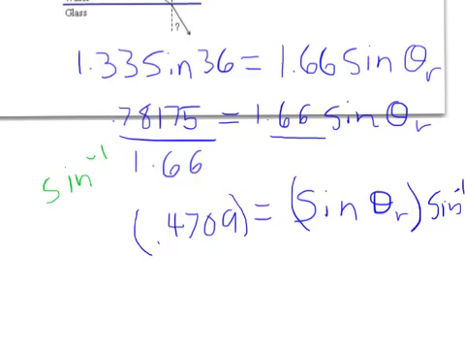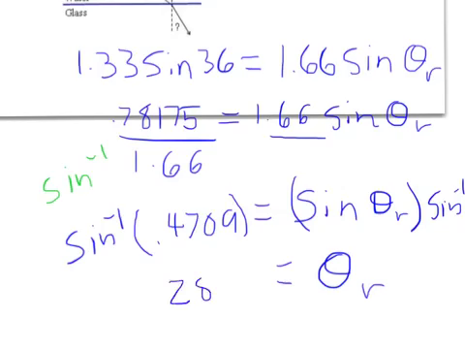If I take the inverse sine of this and the inverse sine of this, what I'm going to get is that the angle of refraction equals, and when I take the inverse sine of this, what I get is 28 degrees.